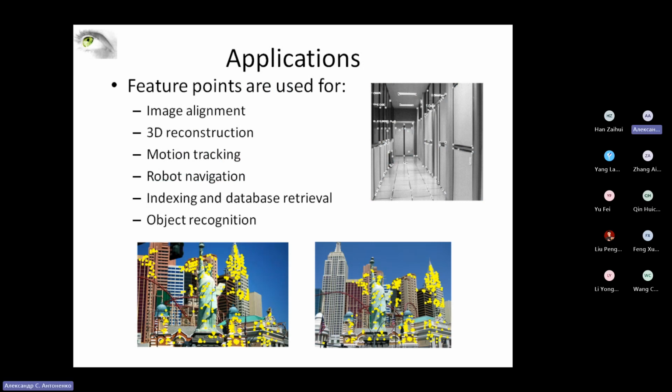Actually, these feature points can be useful for image alignment, for 3D reconstruction, for motion tracking, for robot navigation, for indexing, database retrieval, for object recognition, for many tasks. So, for example, we can reconstruct a 3D scene from several pictures. We can track motion.